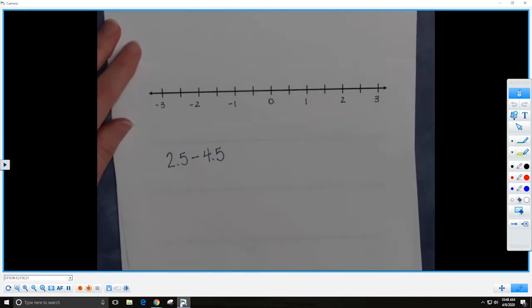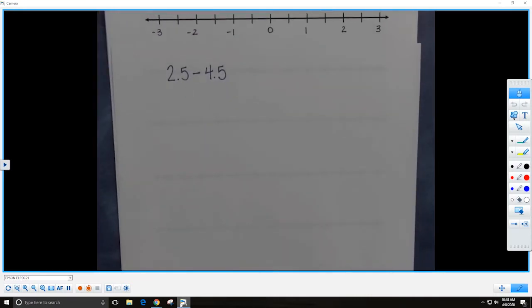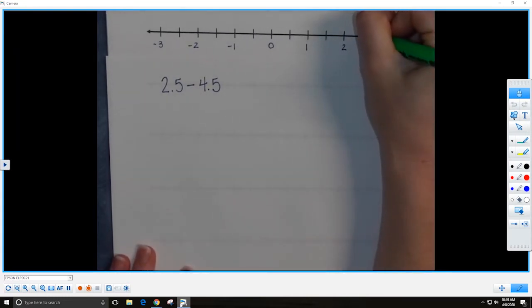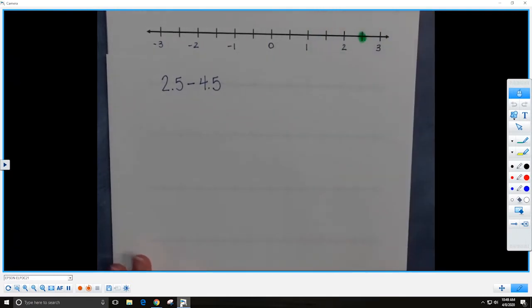Okay, so here I have a number line for us. You should start at 2 5/10, which is 2 1/2, which is here. Did you remember that subtracting on a number line means to move to the left? How many places? You are correct.